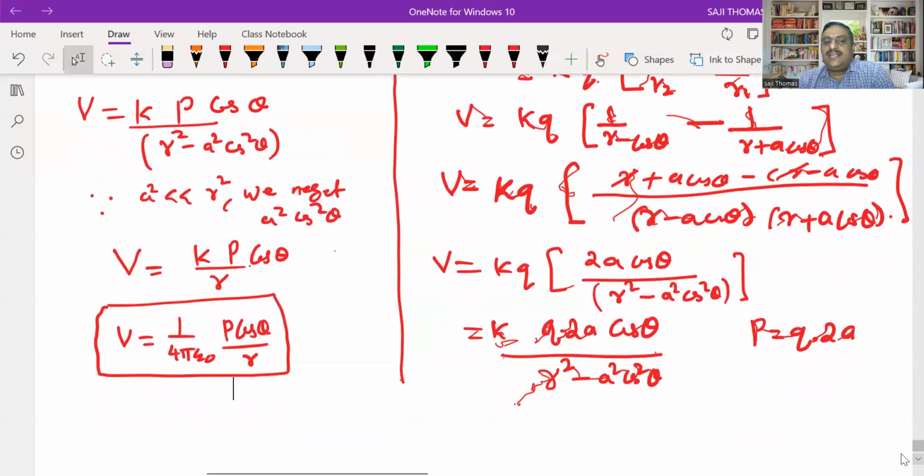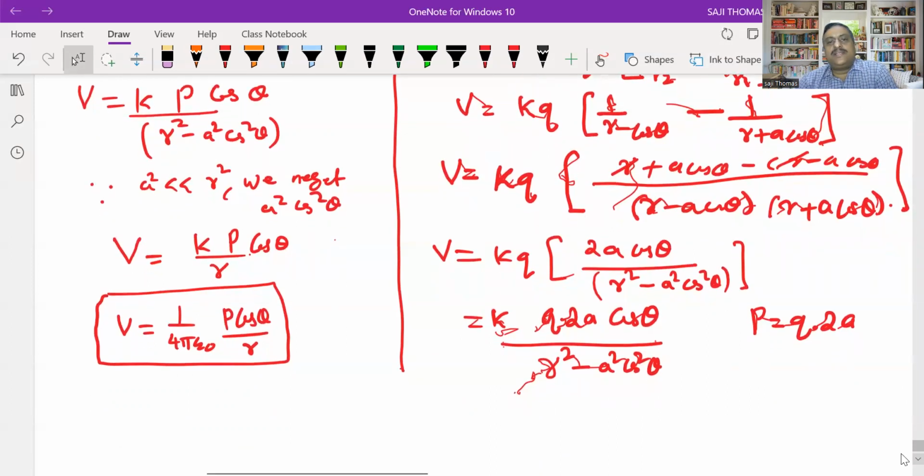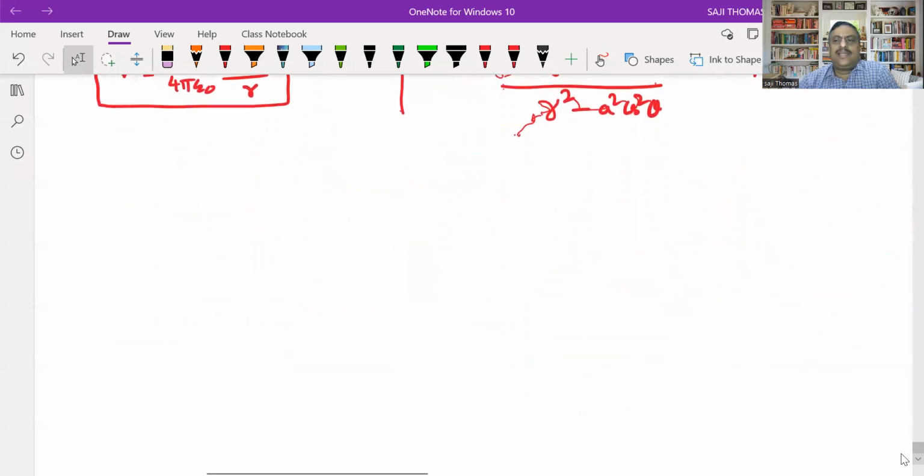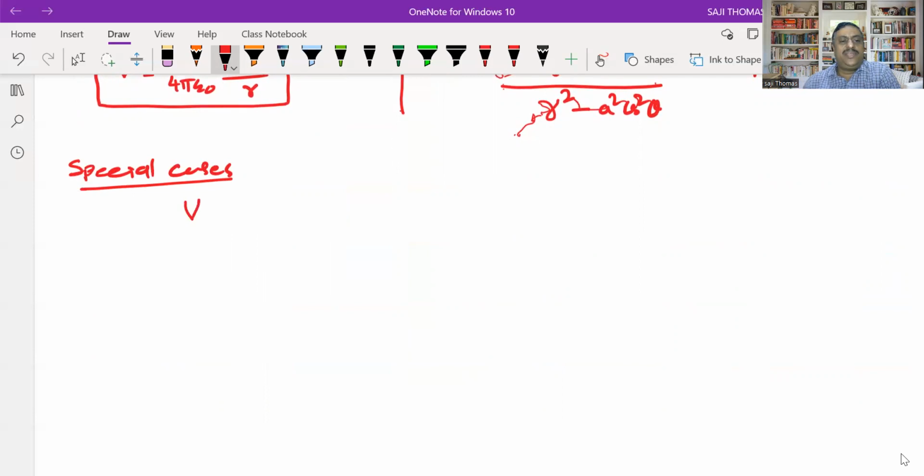R is the distance from the center of the dipole to the point. This derivation is very important. Now we can discuss some special cases. We know the equation V is equal to, for a dipole, 1 by 4 pi epsilon 0 P cos theta by R.